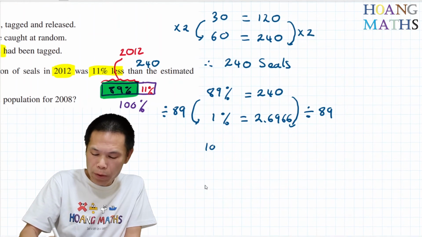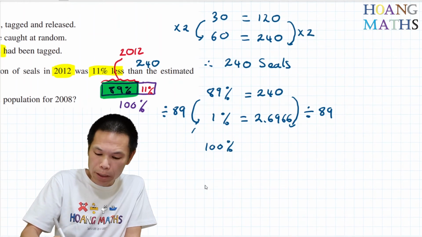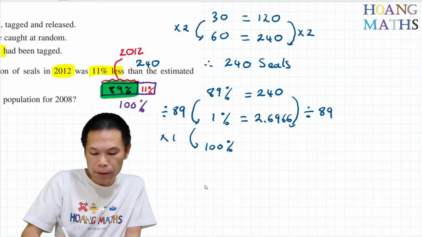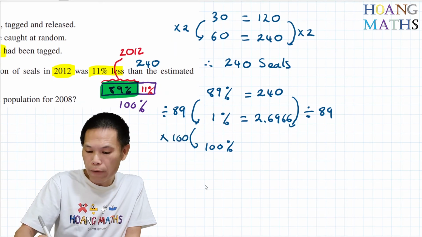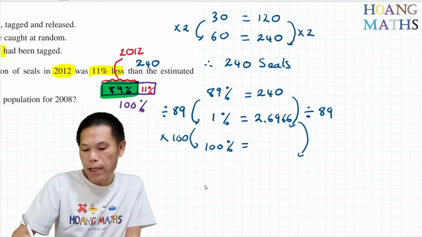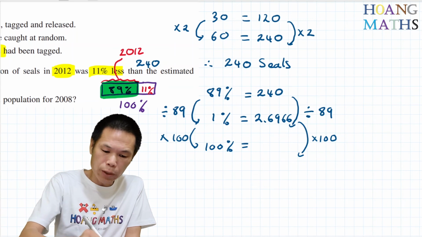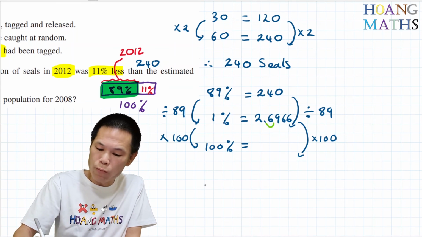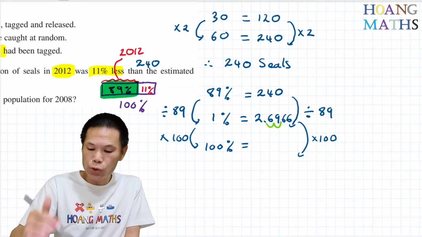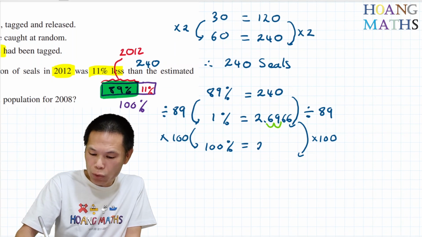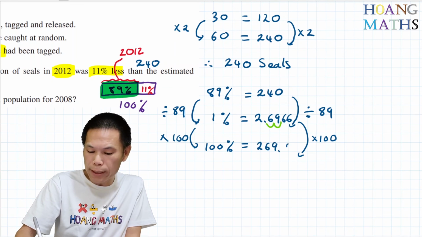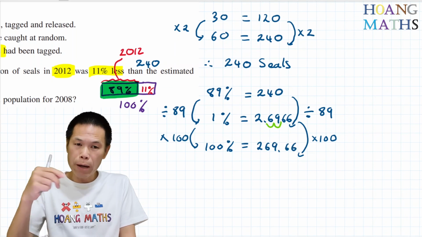So from here to here, we times by 100. So on the right hand side, we need to do the same thing. We times by 100. To times 100, we can just move the decimal place, 1, 2. Otherwise, you can just use your calculator. So 269.66. And we're talking about the seals.